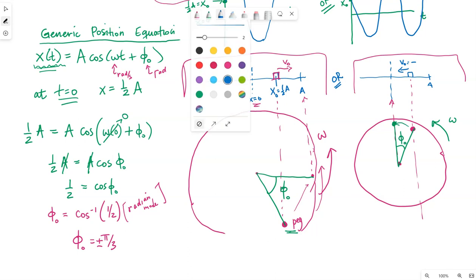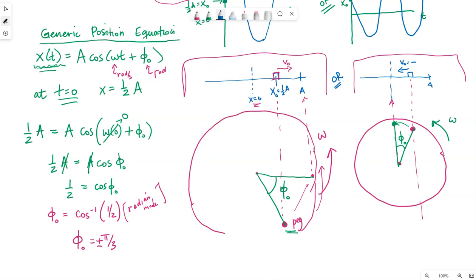When we look at these two different situations, in situation 1, the mass is headed to the right. We had to draw the peg down here at the bottom to represent it was headed towards its maximum distance. So if we think about the shadow of the peg up here, to get it to move to the right, we had to draw the peg at the bottom because omega, the rotation of that disk, is counterclockwise.